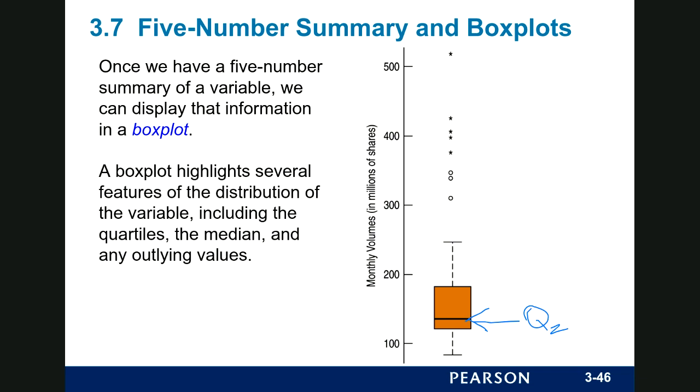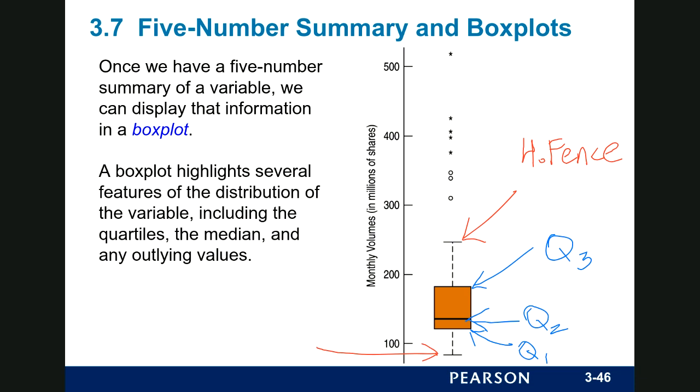This point here at the end is Q1. So that's quartile 1. And this point here would be Q3, quartile 3. And then there's 2 more things. Rather than calling it the max and min, we're going to call it the highest fence. So that point is the highest fence. And this point here would be the lowest fence.